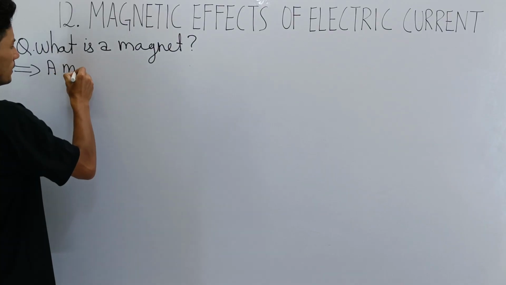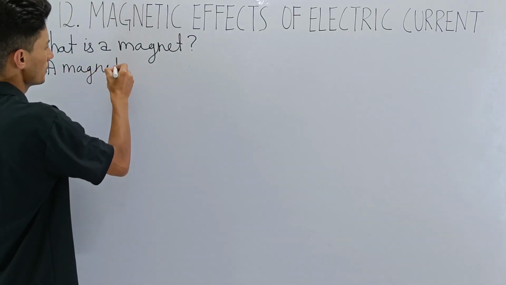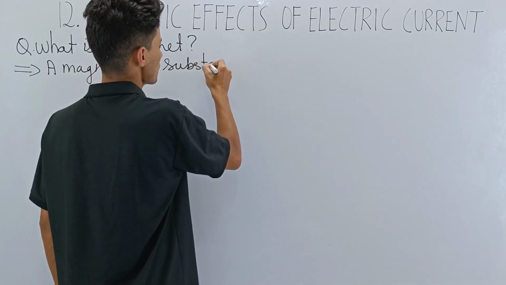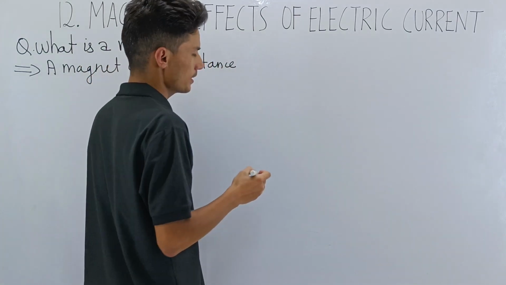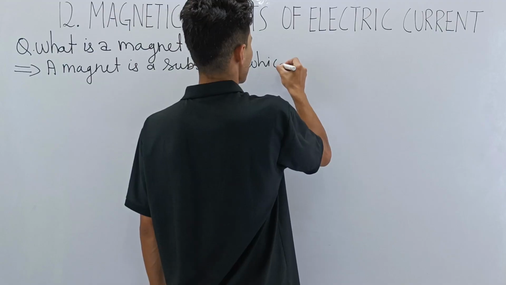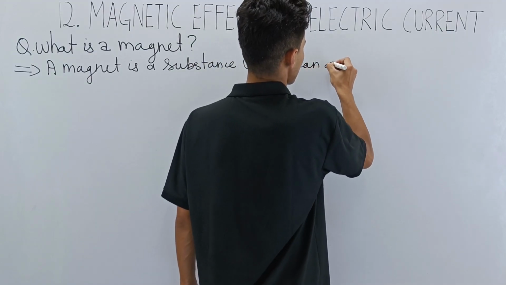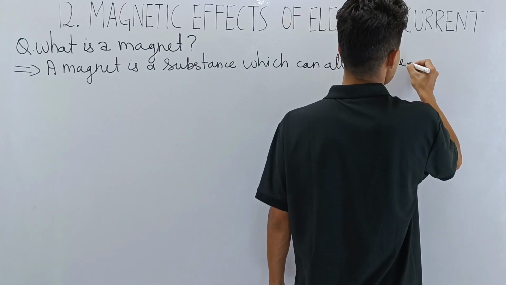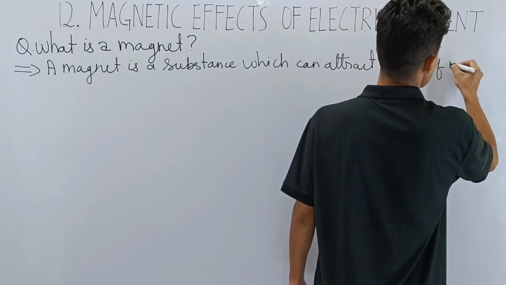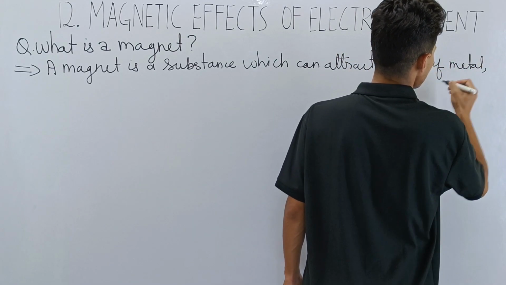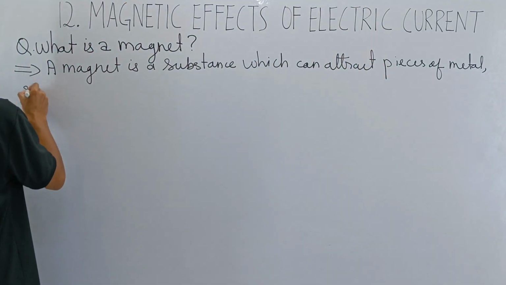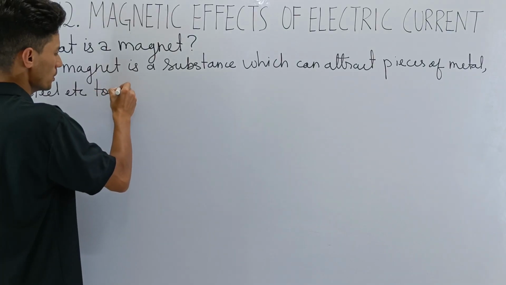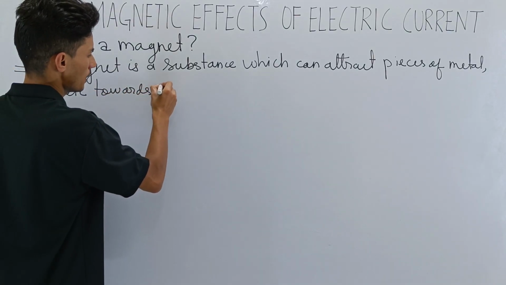A magnet is a substance which can attract pieces of metal, steel, etc. towards itself.